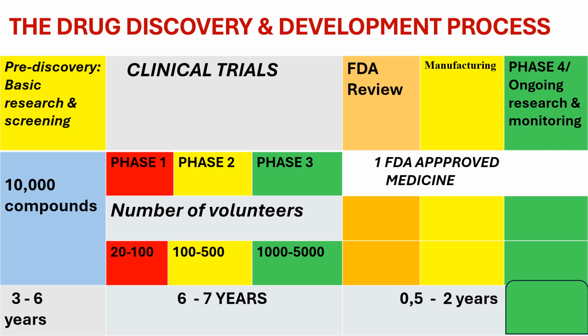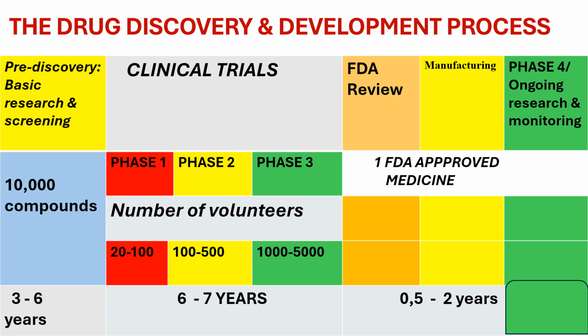In my last video, I talked about the ICH Good Clinical Practice Guidelines. We cannot talk about drug discovery and development without talking about them, because at a certain stage in the process, human subjects are involved in clinical trials: phase 1, phase 2, phase 3.